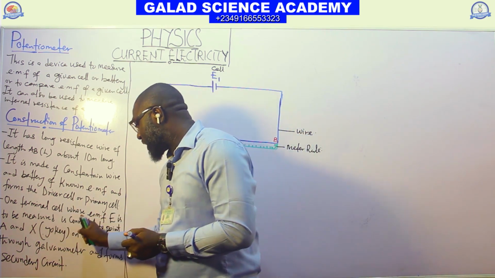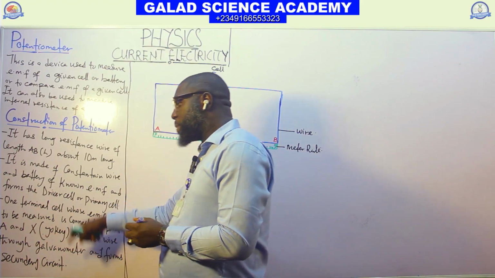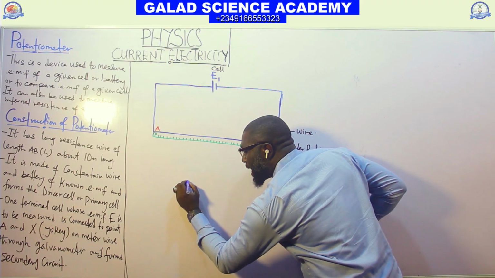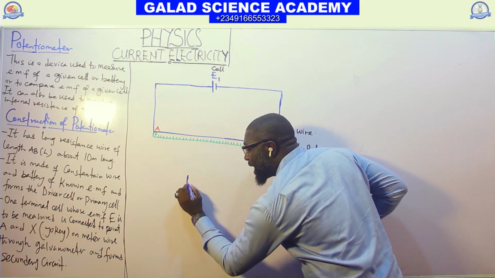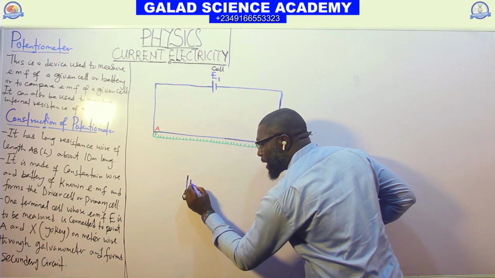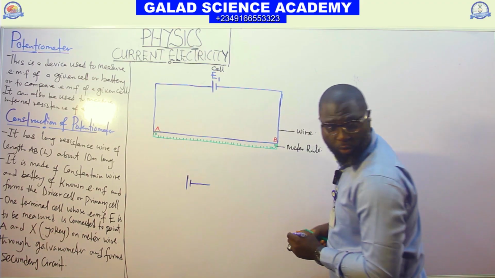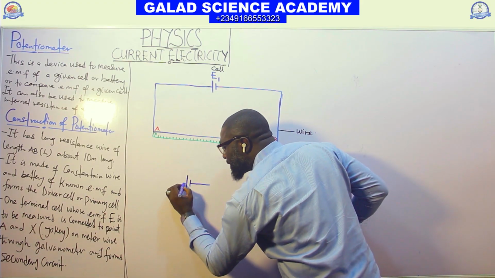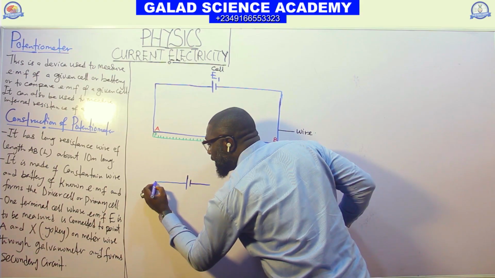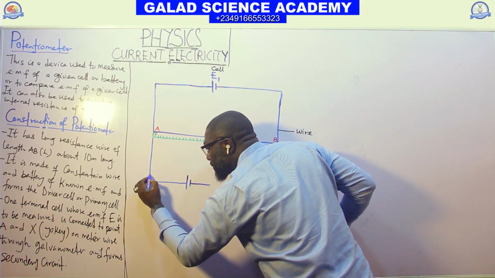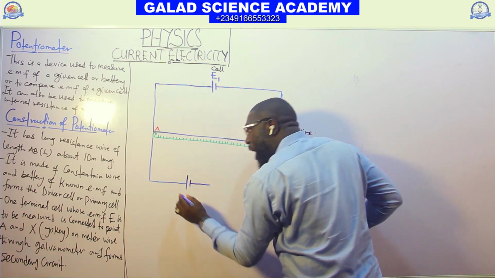So one terminal of the cell whose EMF is to be measured. I will now place another cell here. Its EMF is unknown. The EMF of this cell is unknown. I will now connect this cell with this meter rule here, using another wire.